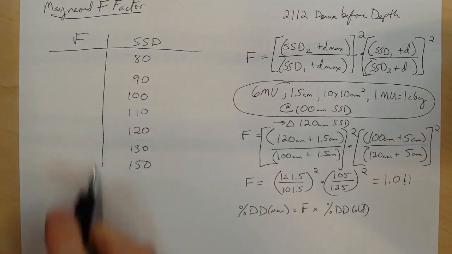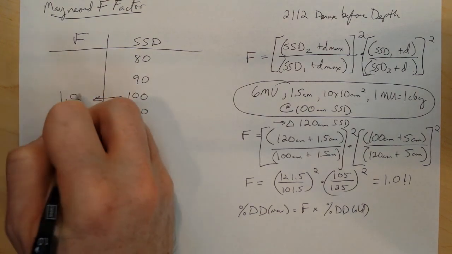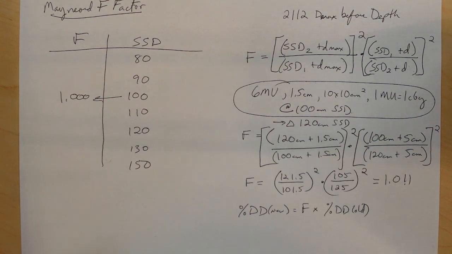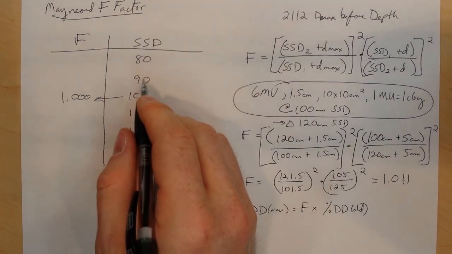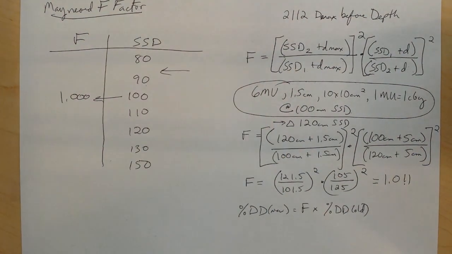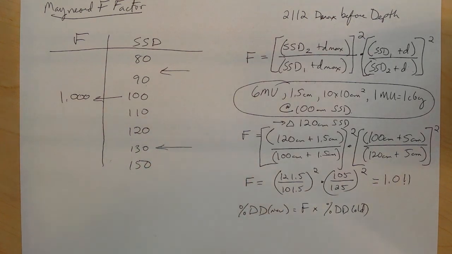I would like each of you to calculate the Mayneord F factor for all of these. At 100, this had better be 100%, so just 1.000. Everything below should be smaller. Everything above had better be greater. All right?